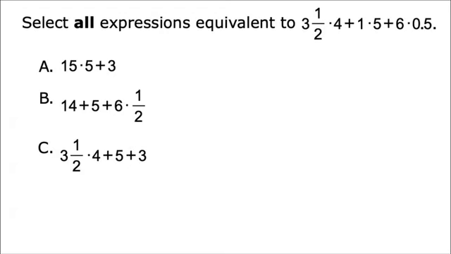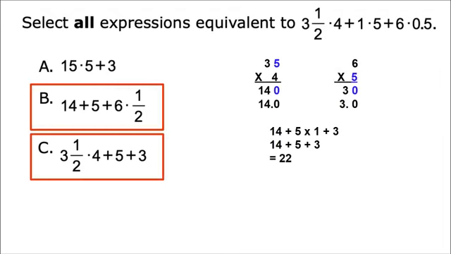Okay, now that you worked on this problem, let's see if you got the correct answer. So if you said B and C, that is correct. And so first what we want to do is evaluate this expression and figure out what it equals. 3 1/2 is the same thing as 3.5.